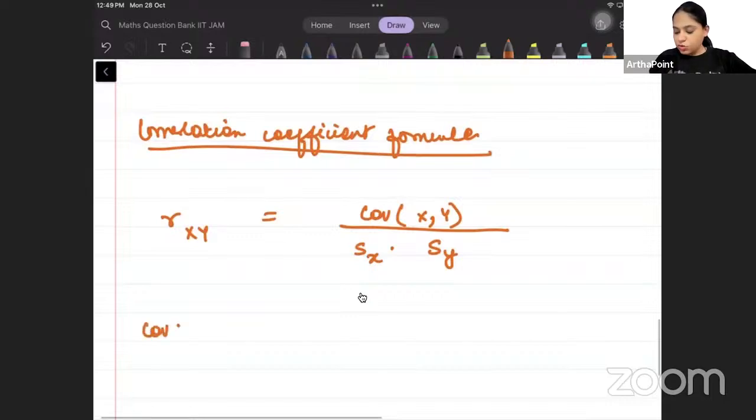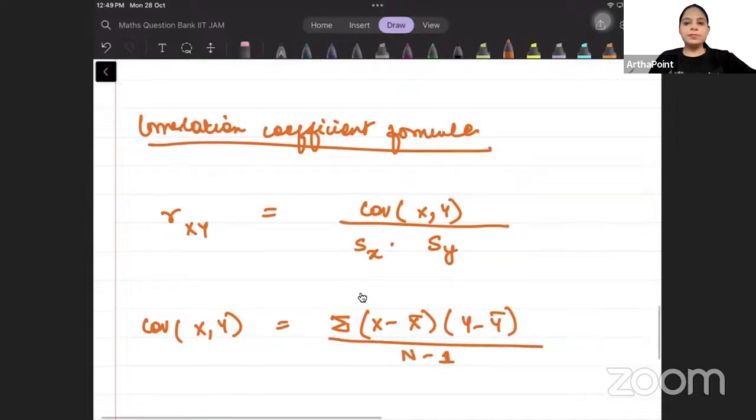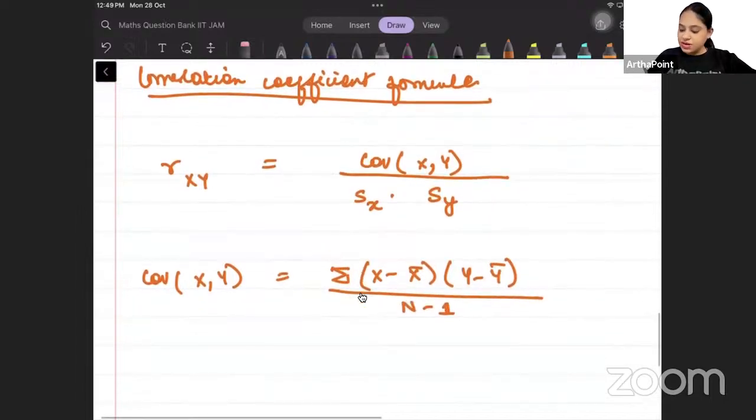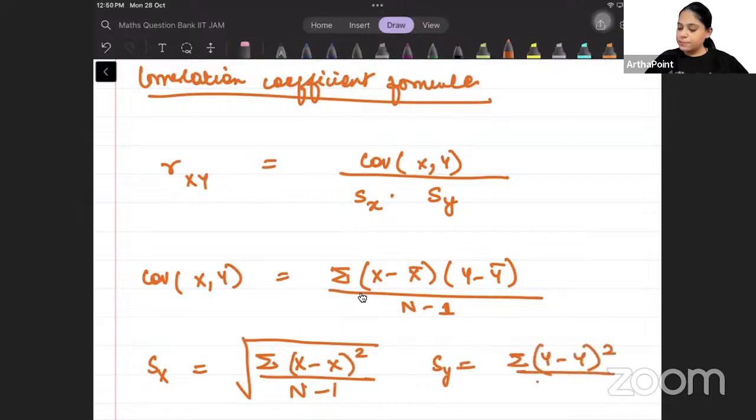When we talk about covariance of xy, if it is from the sample, it can be written as summation x minus x bar, y minus y bar upon n minus 1. Similarly, sx can be written as summation x minus x bar whole square upon n minus 1 under root, and sy can be written as summation y minus y bar whole square upon n minus 1 under root.